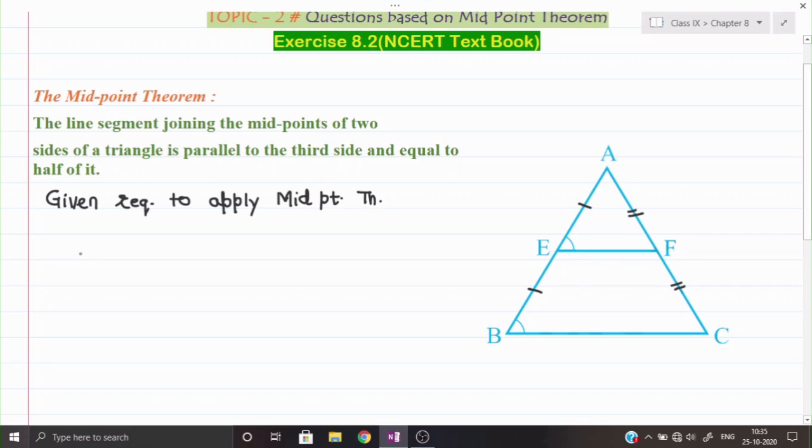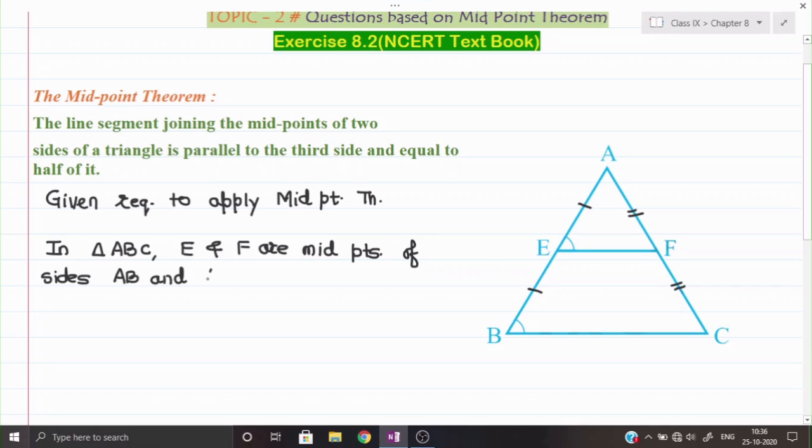In triangle ABC, E and F are midpoints of sides AB and AC respectively. So this is the required given.